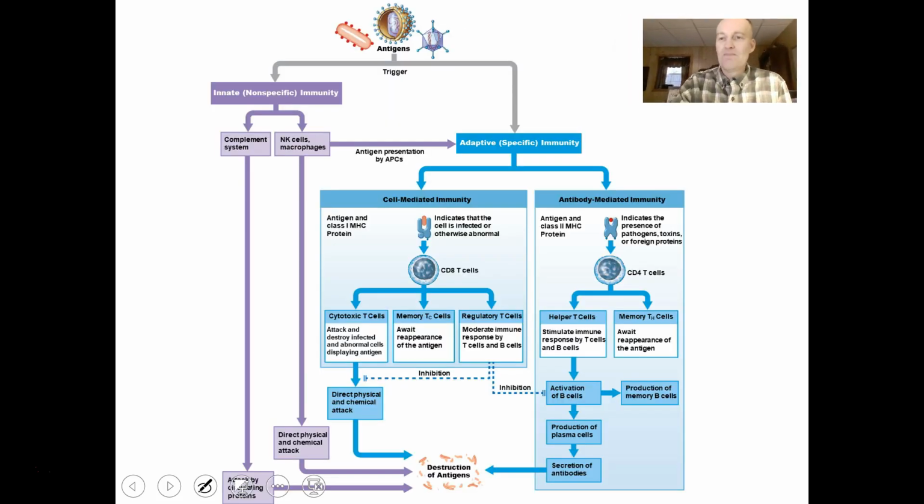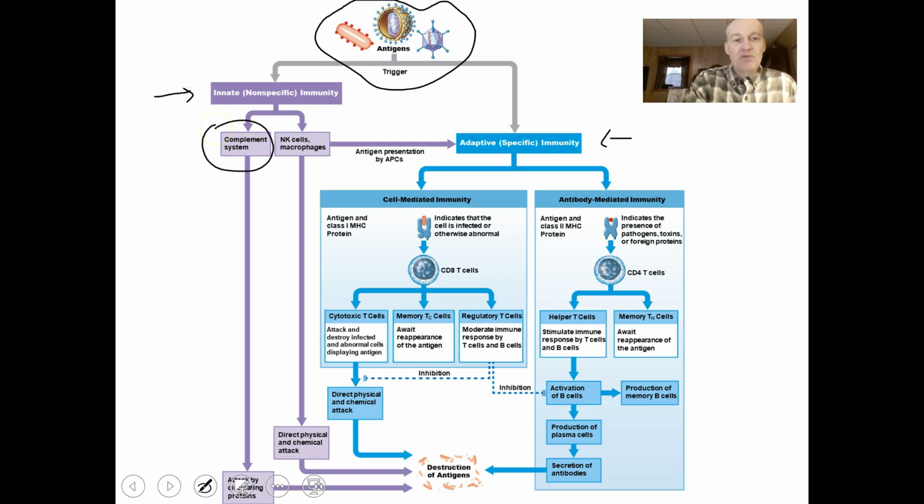Okay, so this puts it all together, just to refresh your memory. When we're exposed to all these things that want to eat us, we have innate immunity and adaptive or acquired immunity. Innate immunity utilizes complement, all kinds of phagocytes, natural killer cells, and macrophages to try to kill anything entering the body.